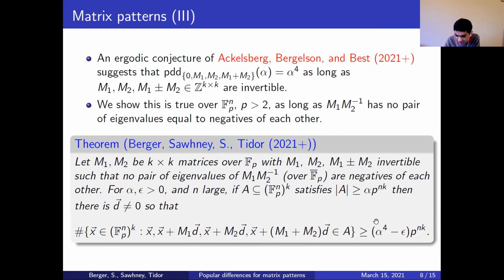I don't want to say too much about the formal statement, but one thing I should clarify, just so we don't get confused about these d-dimensional or k-dimensional patterns, is how to interpret what M1 applied to D means. Earlier, there was a very natural way in which we could represent these rotated corners as a vector plus a matrix applied to a vector.